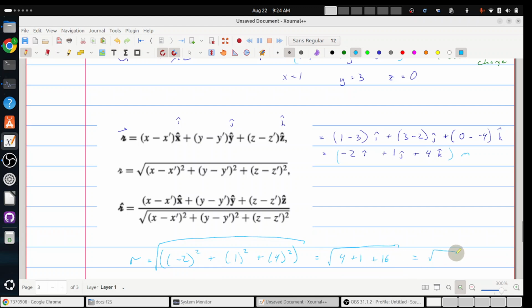And so this is going to be the square root of 21. Now I can plug that in the calculator and get it as a decimal number, but for right now I'm going to keep it as the square root of 21. And that's the square root of 21 meters, or the square root of 21 meters squared, because the meters would have been in there squared inside it, but when we take the square root of meters squared, it gives us meters.